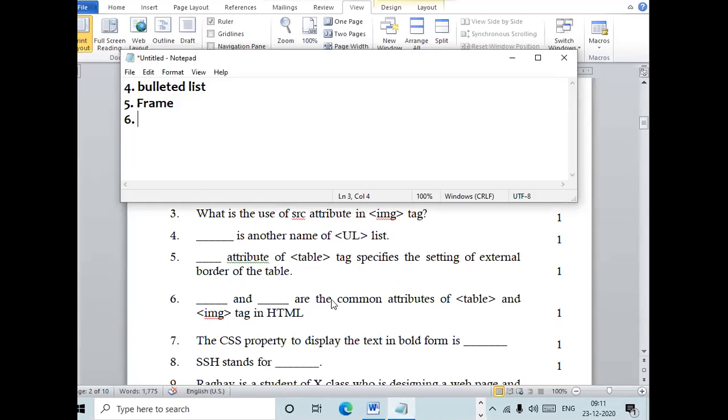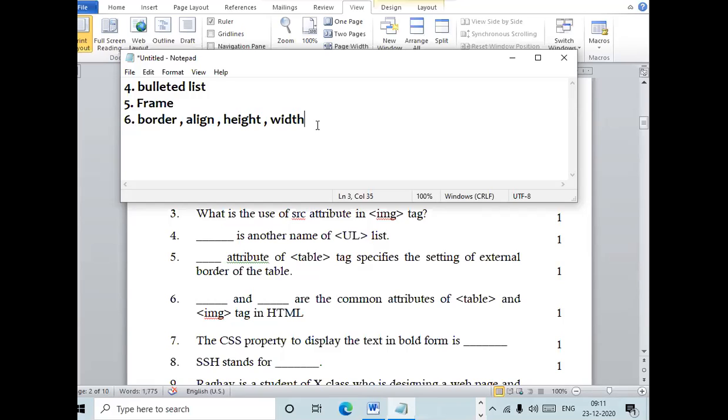Dash and dash are the common attributes of table and image tag. Beta, there are 4 answers to this. You can write any 2: border, align, height, width. These are the 4 attributes which are common in table as well as image tag.